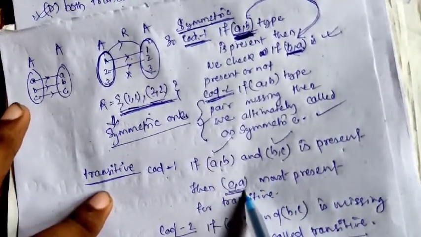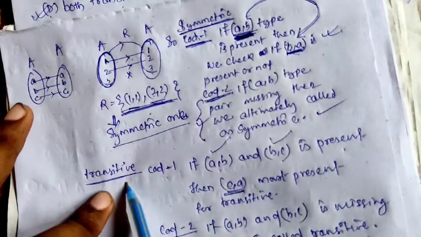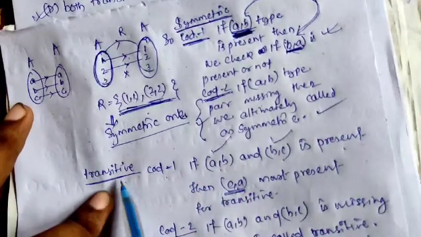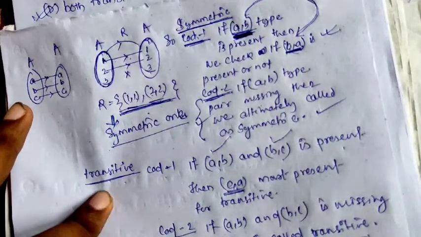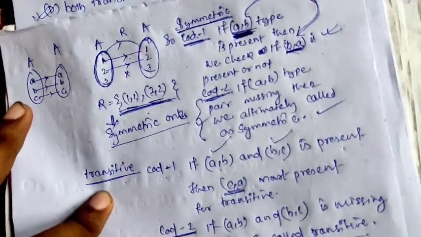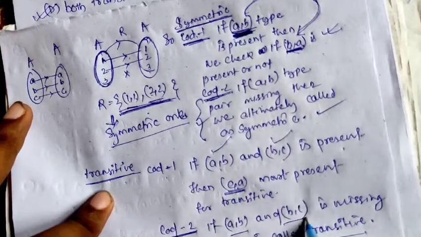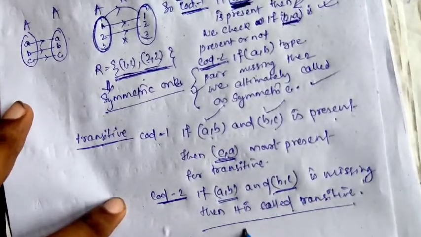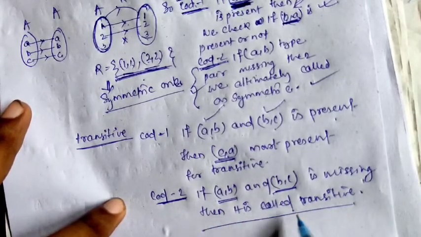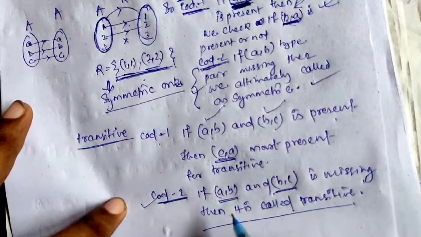If CA is present, then we call it a transitive one. If CA is absent, then it is not a transitive relation. For condition 2, if AB and BC are missing, then it is ultimately called a transitive one.